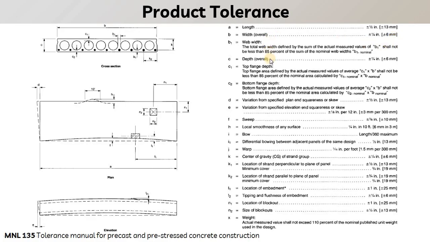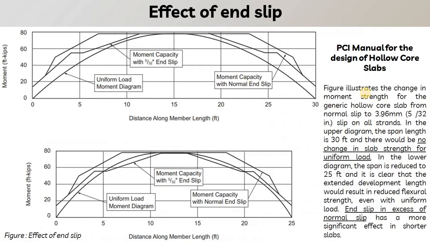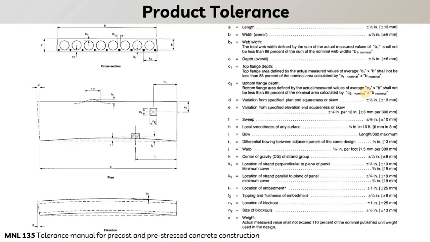Then we have all other parameters such as web width, overall depth, top flange, bottom flange. All these tolerances have to be considered, and they apply to the production of the hollow core slab. So it is very important to consider the production tolerances.